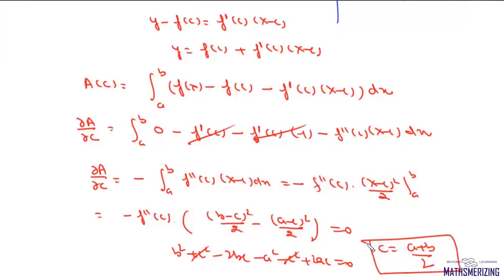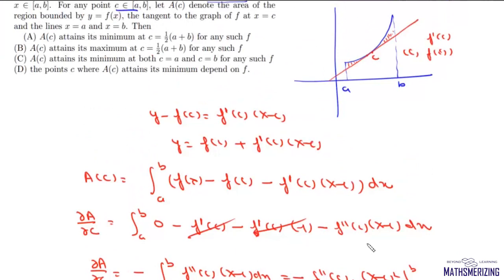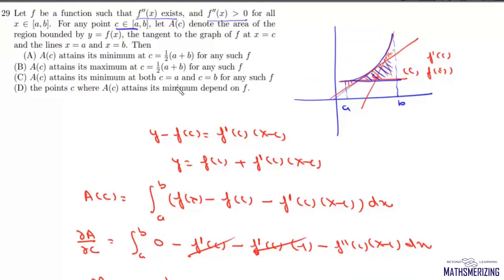Now we have to find whether this area will be minimum or maximum at this point. Now we look at the graph. If we draw a tangent at A, we have this area. At B also, we'll have this area. So the area at C should be the minimum value. Then it has to be option A, which is AC attained its minimum at C equals 1 by 2 (a plus b) for any such f.